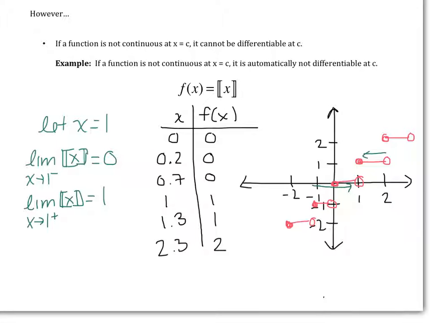So that means the limit as x approaches 1 does not exist. Well, if the limit doesn't exist, it is not continuous, and therefore it's not differentiable. Thinking about it, it's impossible for me to draw a tangent line right here. If we don't have a tangent, there's no way we can have a slope of a tangent. So that function is not differentiable there.